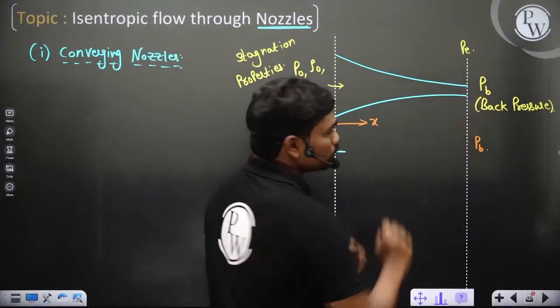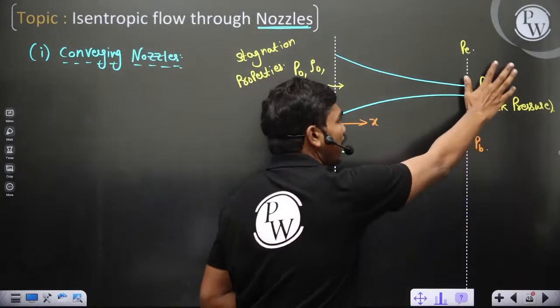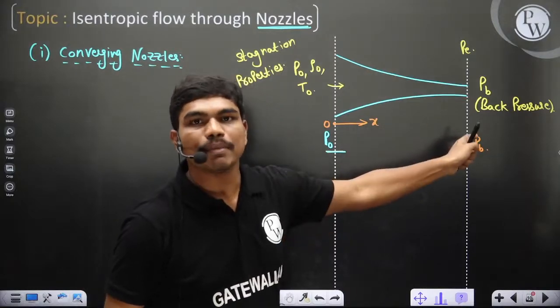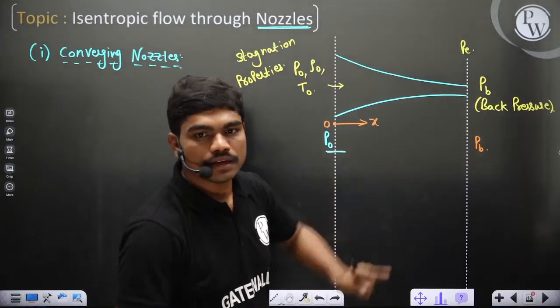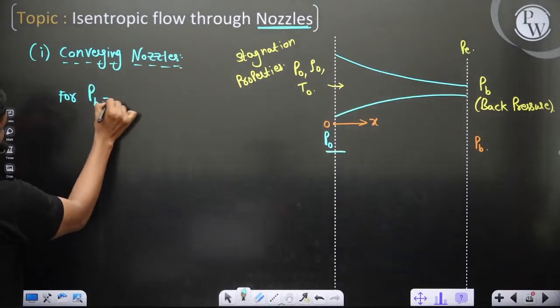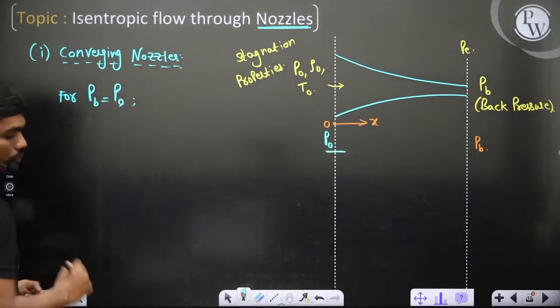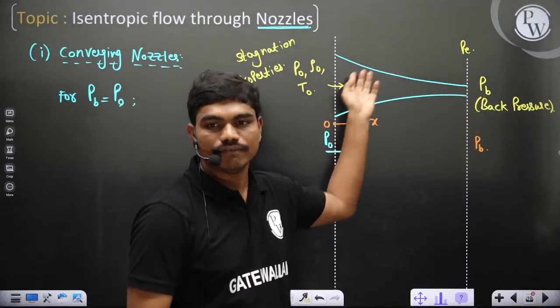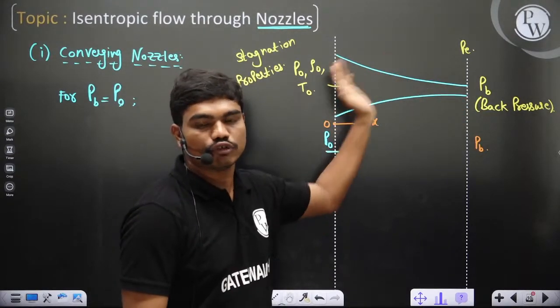If I maintain these two equal, then will there be any flow happening in this nozzle? For PB equal to P0, what do you think happens? If these two pressures are the same, then will there be any flow that effectively happens from left to right?